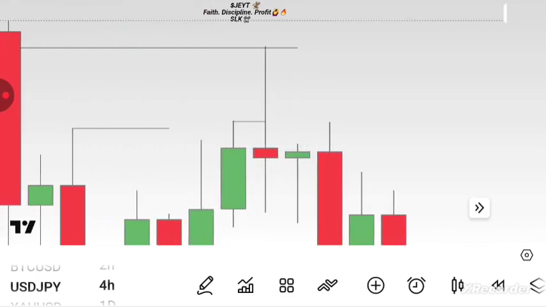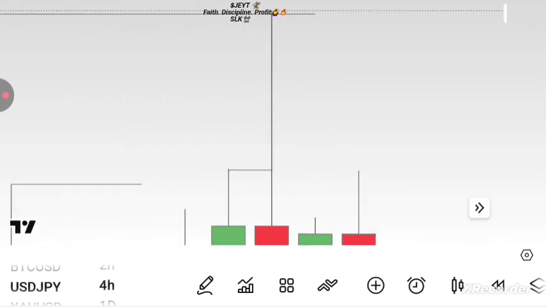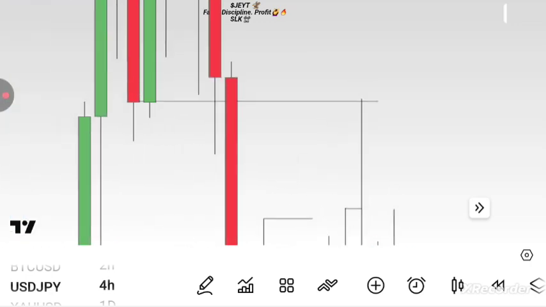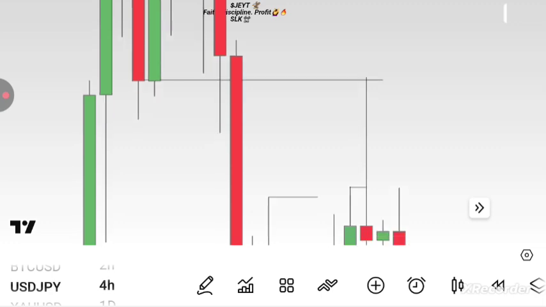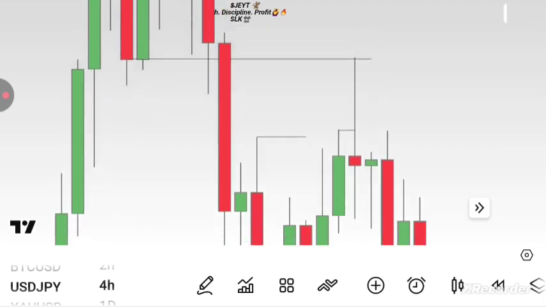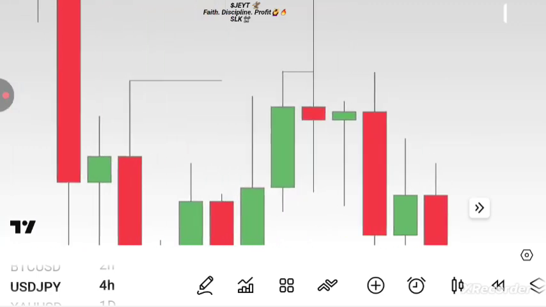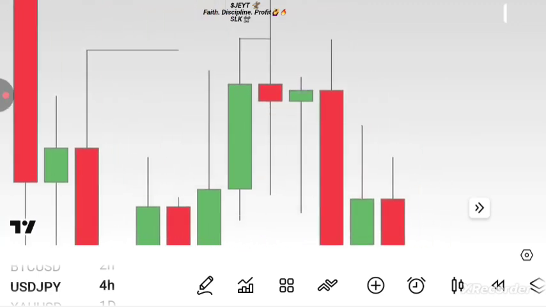Price swept this particular high, then went on to trigger a V-shaped key level that got disrespected. Then price closed below. So what's the idea behind this? You need to know that this is CRT. This confirmation is just like CRT, candle range theory.